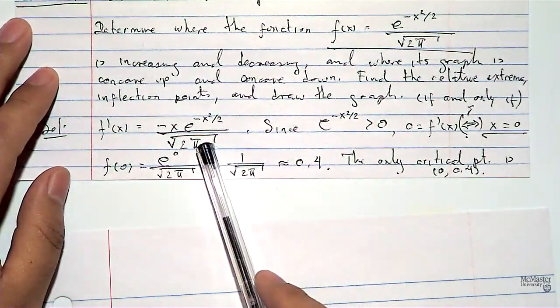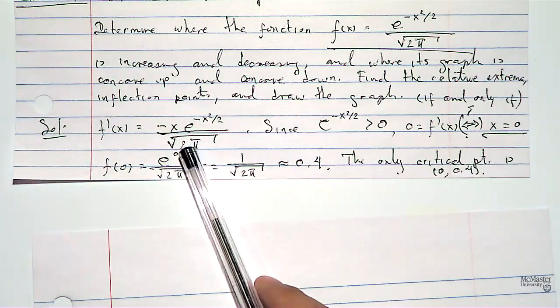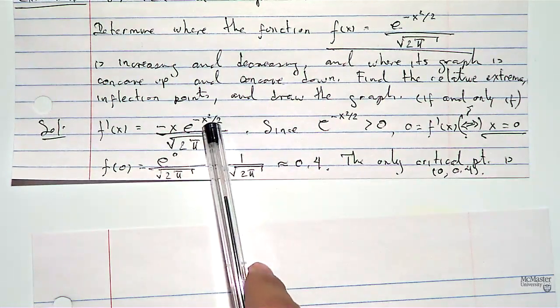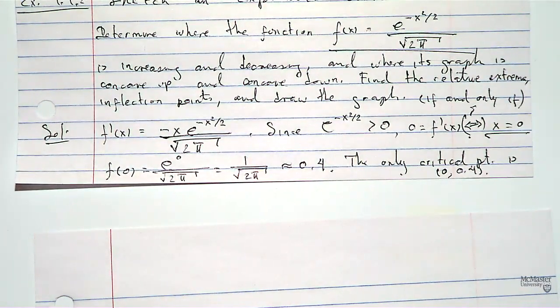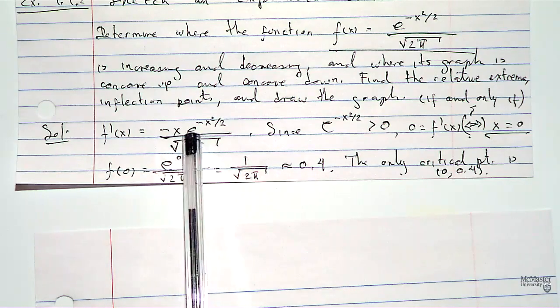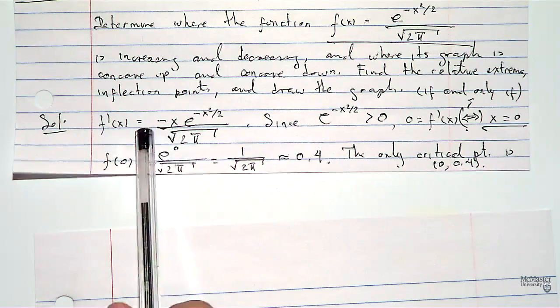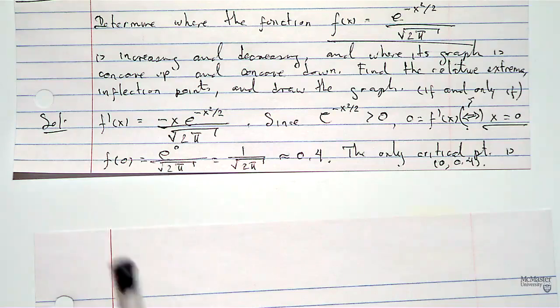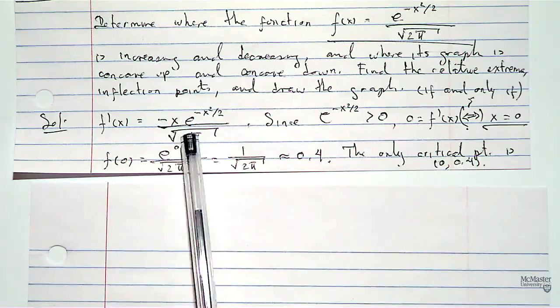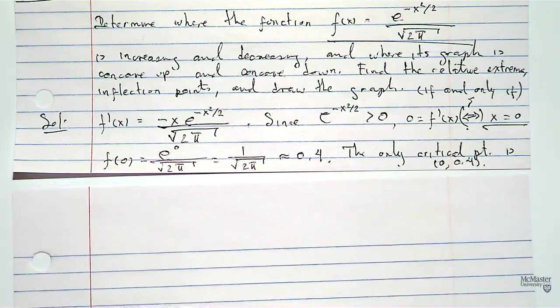Maybe I will do that after, but it's kind of clear, right? Because the exponential is always positive, and here you have as factor minus x. So for x negative, minus x is positive, so the derivative is going to be positive for x less than 0. And for x greater than 0, the derivative is going to be negative. So we have something similar to what happened before. I will do the plot later on, but in this case, the function is simple enough to analyze. That's all my point.